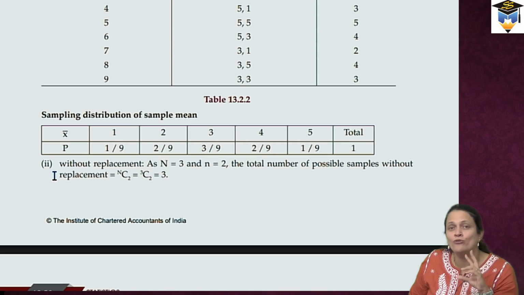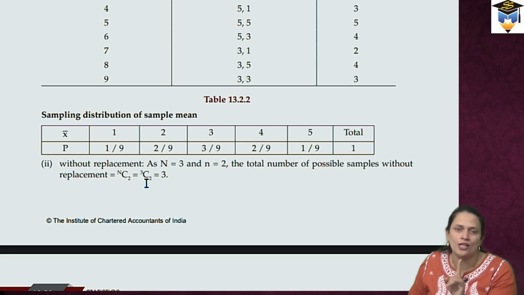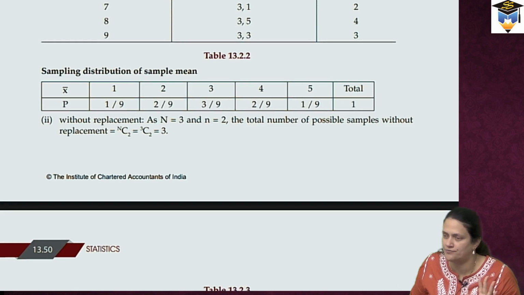Whenever you have to do without replacement, straight away use the formula of combination, capital N C small n. So your answer is 3C2, which comes out to be equal to 3. 3C2 means 3 factorial upon 2 factorial into 1 factorial. Use the formula to solve it.